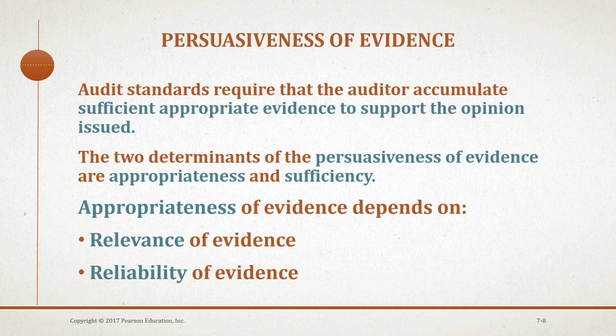Now, the 2 determinants of the persuasiveness of evidence are appropriateness and sufficiency. Appropriateness of evidence depends on, number 1, how relevant is the evidence, number 2, how reliable.